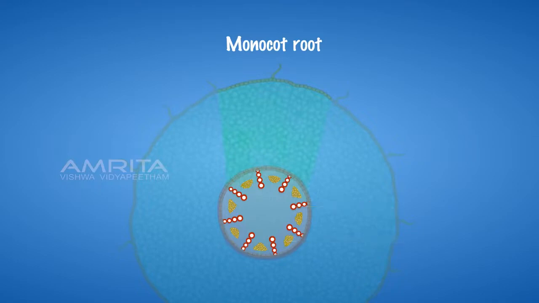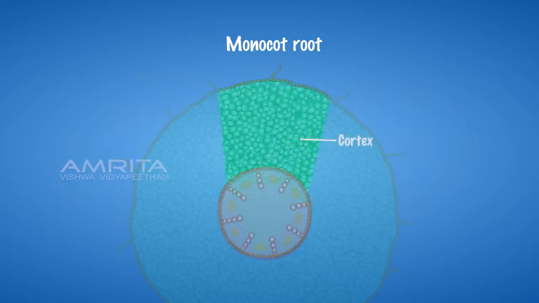A typical monocot root has an epidermis which forms the outermost covering of the root. A single layer of barrel-shaped cells make up the endodermis, which separates the cortex from the vascular tissues. As in dicots, the monocot root also has a large cortex made up of many layers of parenchyma cells.